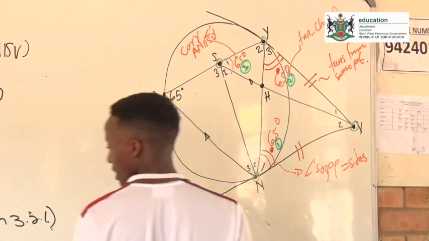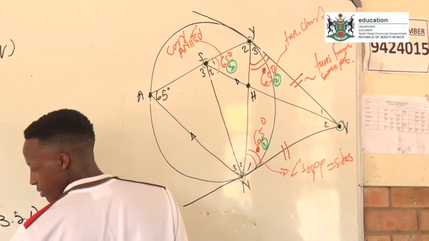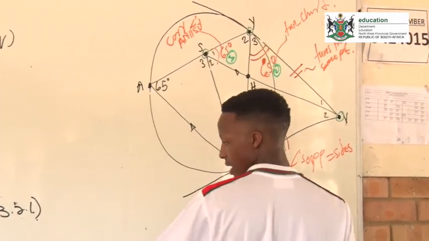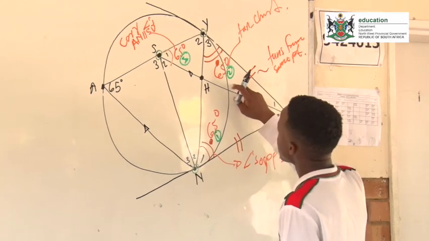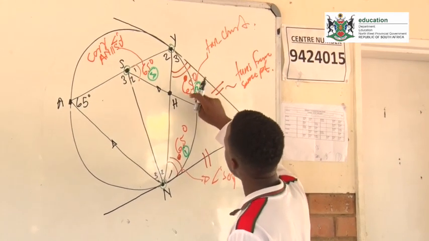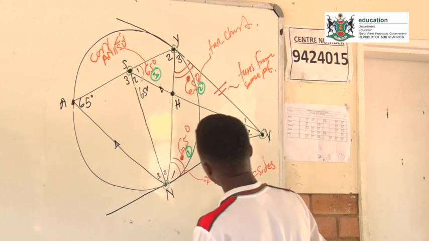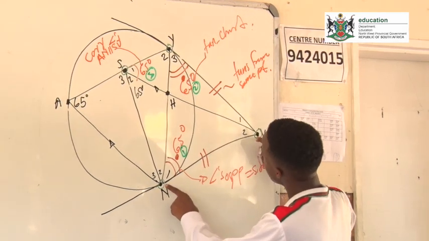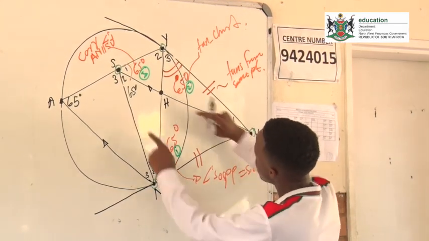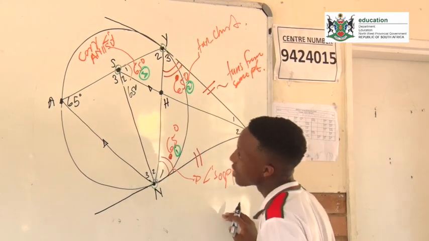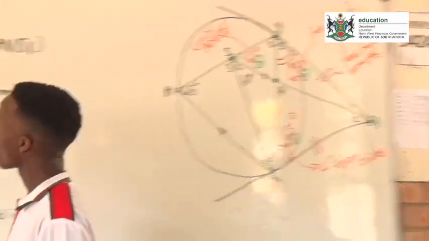Since our candidate proved that VYSN is a cyclic quad, we're going to look for other angles on the cyclic quad. And then we're going to find that S2 is equal to 65 degrees because of angles in the same segment. You can see that the chord NV subtends the same angle. Do you agree so far? Yes. Good.